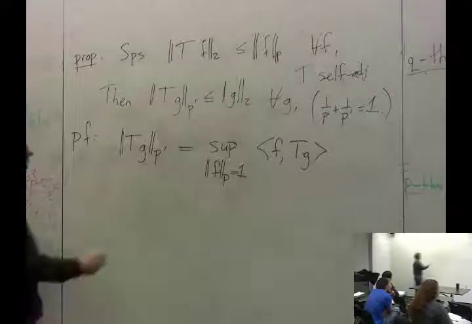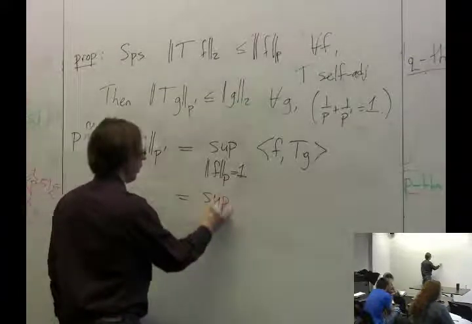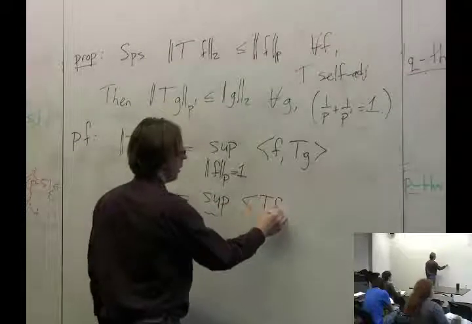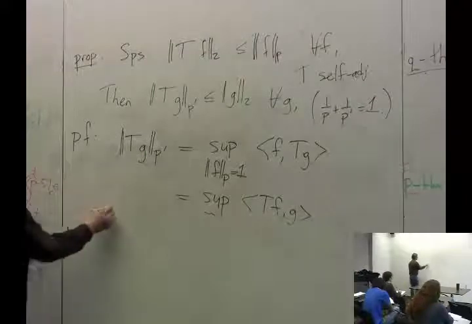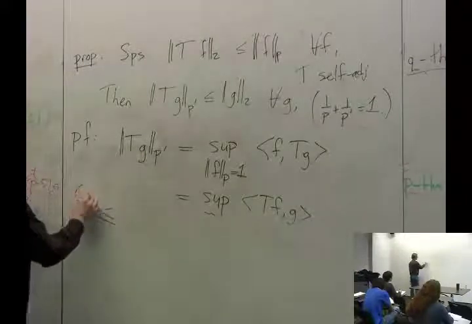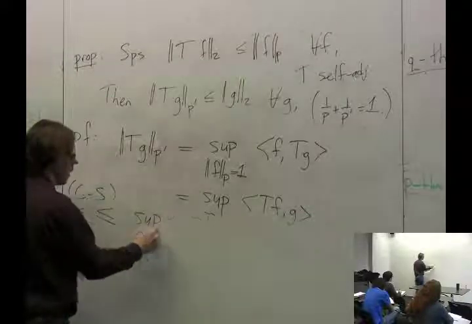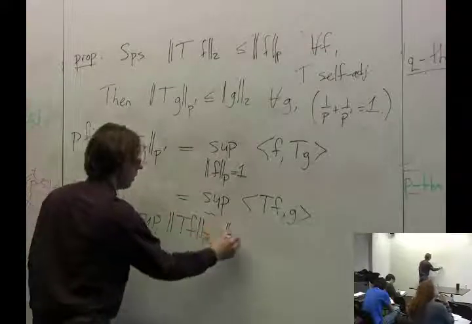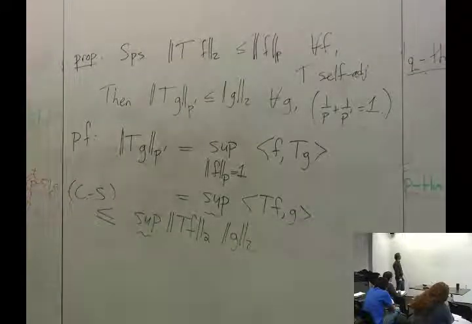OK. So now we only have so many hypotheses, so we'll now use self-adjointness. So it's the sup over the same thing of TF, inner product with G. Now I use Cauchy-Schwarz. This is at most the sup over the same thing of the 2 norm of TF times the 2 norm of G. Wait, did something go wrong here? No, it's okay.